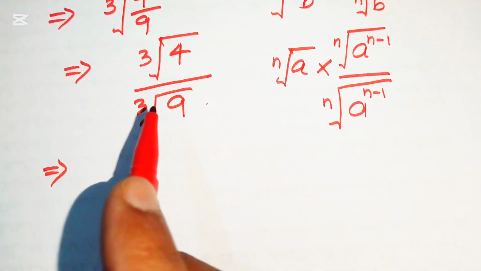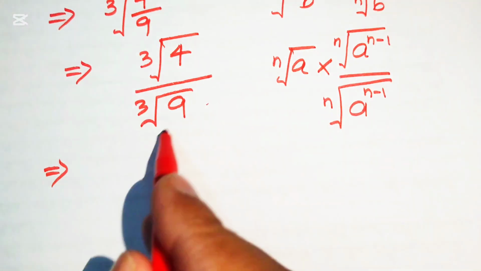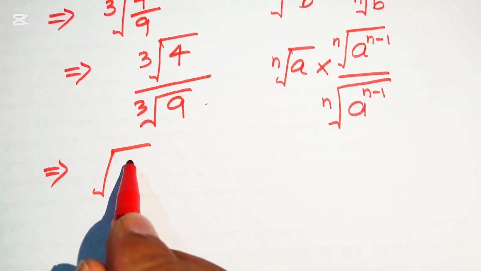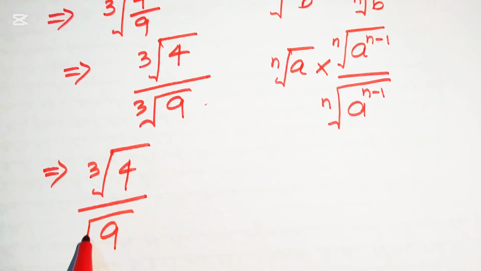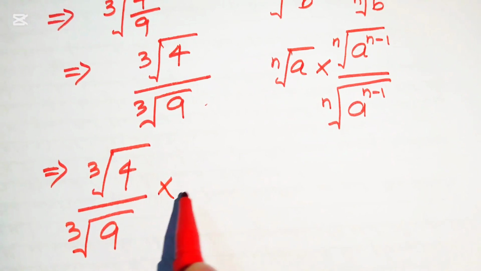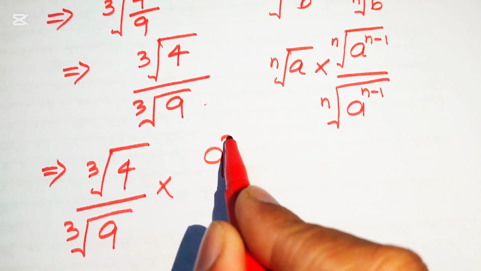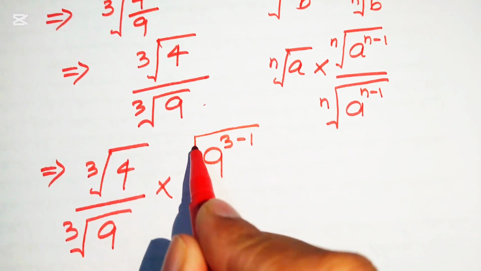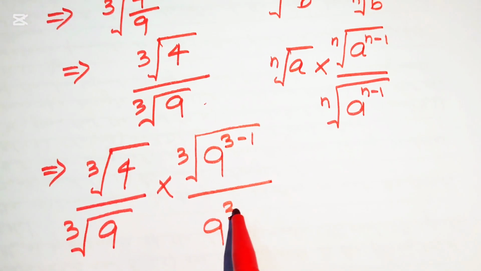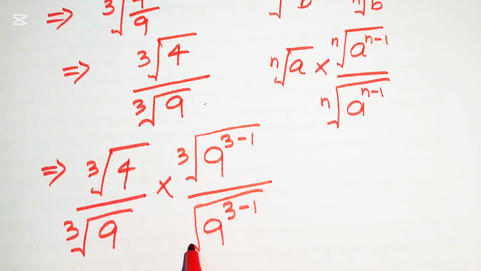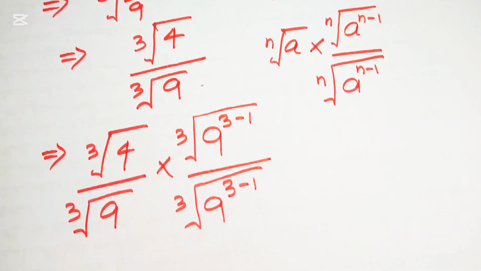According to this law, we multiply and divide this whole term, the cube root of 4 divided by the cube root of 9, by 9 to the power of 3 minus 1 and its cube root divided by 9 to the power of 3 minus 1 and its cube root.